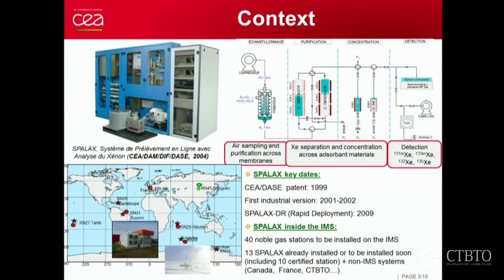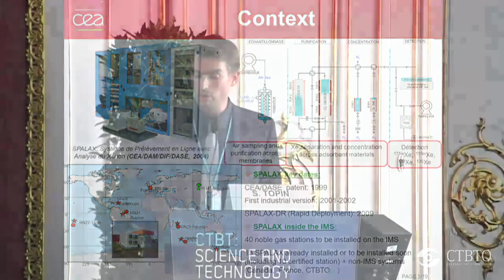And if I look inside the international monitoring system, among the 40 noble gas stations to be installed on the IMS system, 13 SPALAX have been already installed or will be installed soon. And that includes 10 certified stations, plus we can also talk about several non-IMS systems for Canada, for France, or for CTBTO.